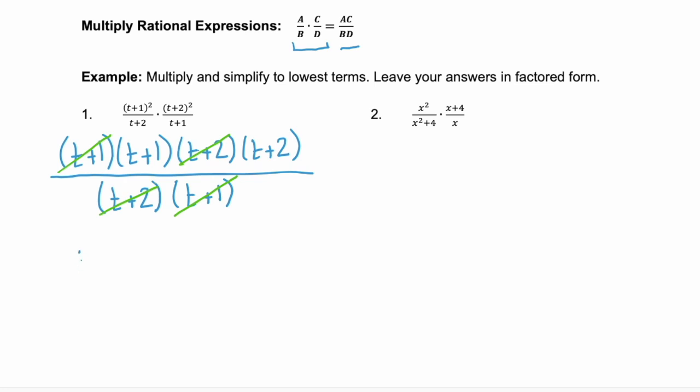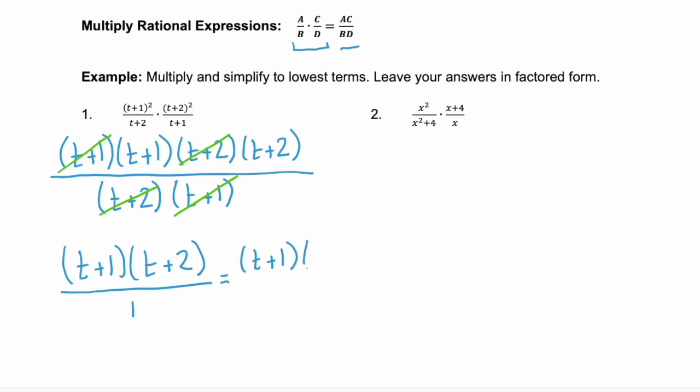So we're left with a numerator of t plus 1 times t plus 2, and our denominator is just 1. So we can put this over 1, but remember anything divided by 1 is itself. So the answer is t plus 1 times t plus 2. And we want to leave it in factored form, so we stop here.